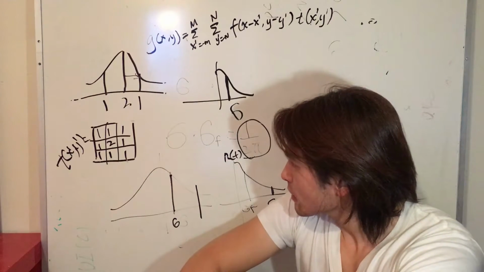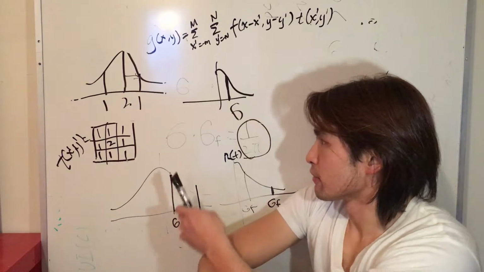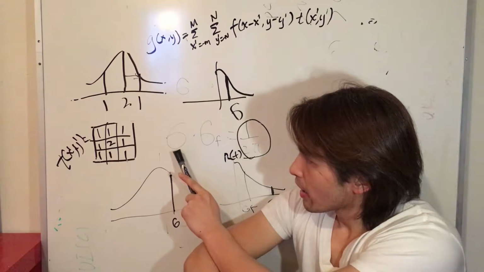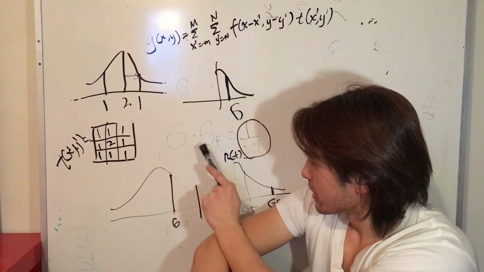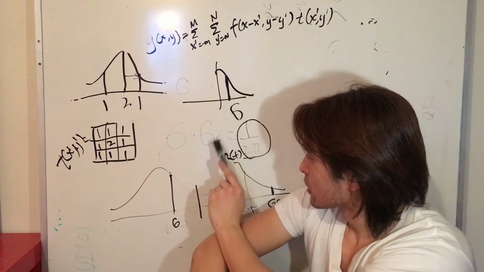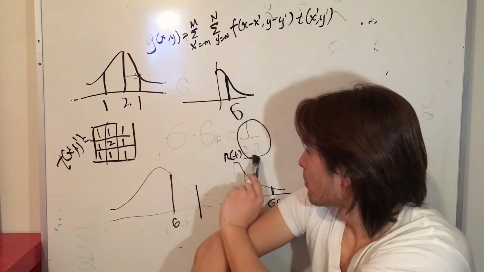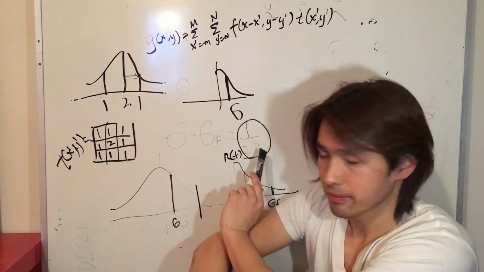So the standard deviation for the Gaussian blur is inversely proportional to the low-pass filter by the constant 1 over 2 pi.